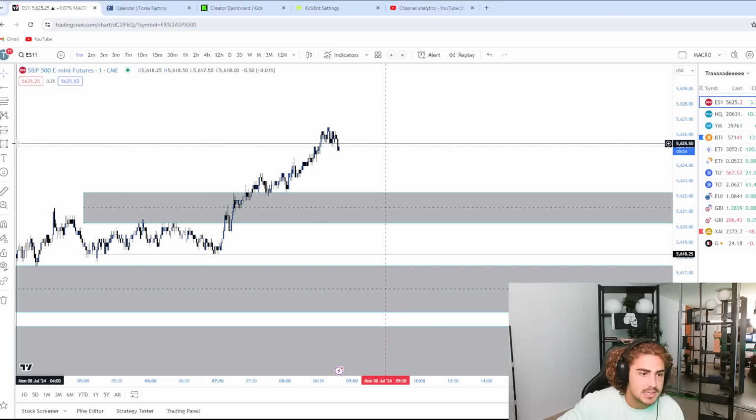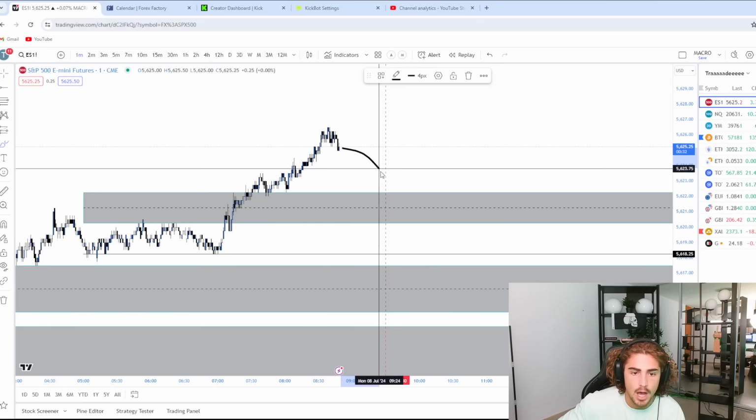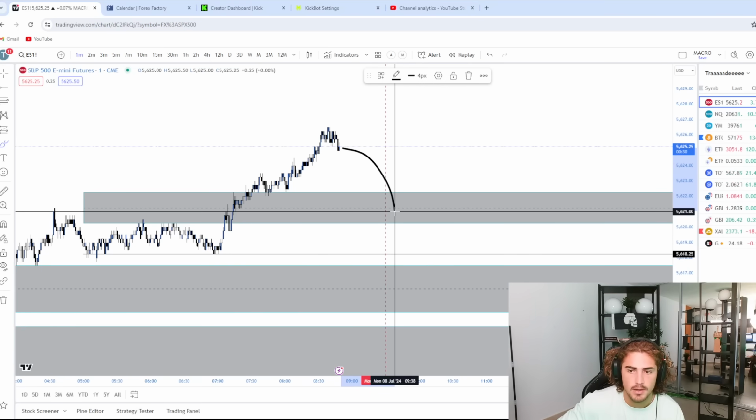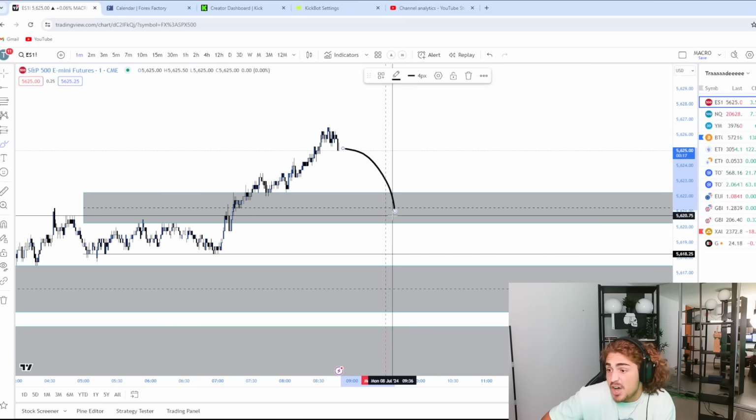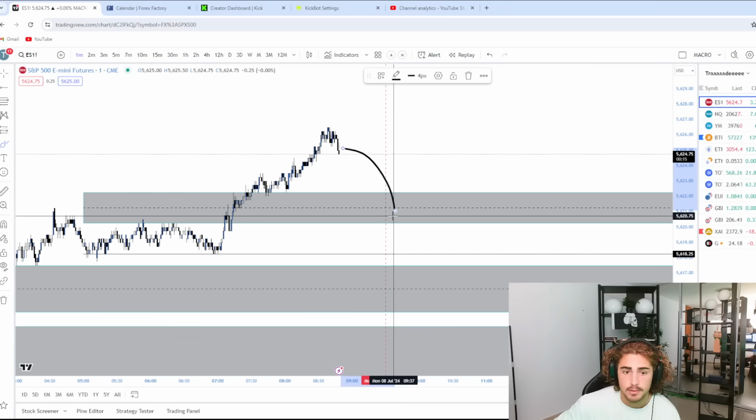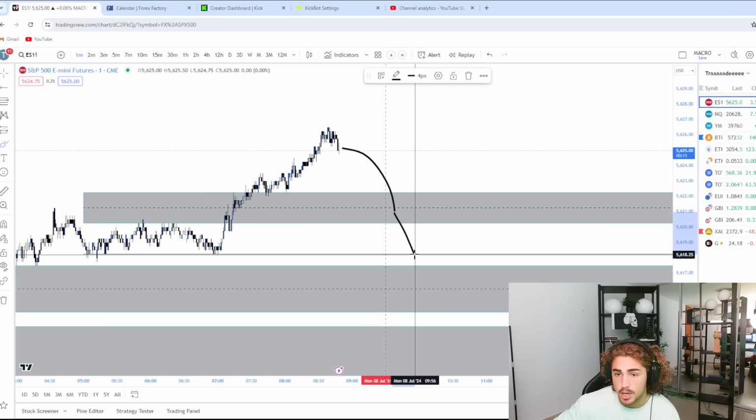Okay, if price comes down into this fair value gap and it doesn't give you a break of structure or an inverse fair value gap followed by a fair value gap, breaker block, order block, or equilibrium entry, then you can't enter. So you're going to wait for this one.